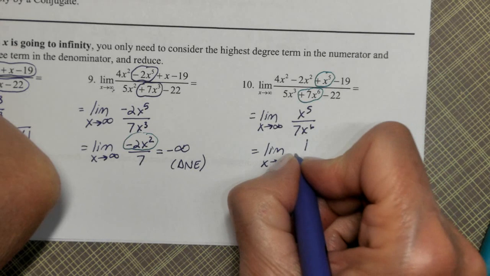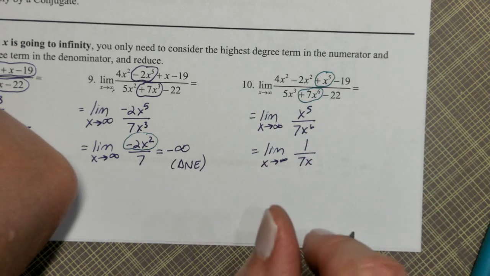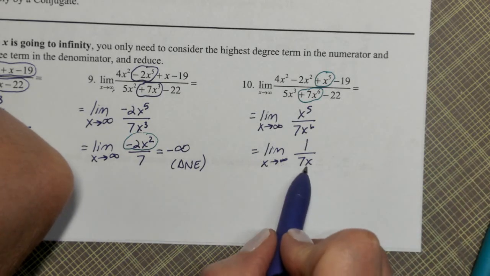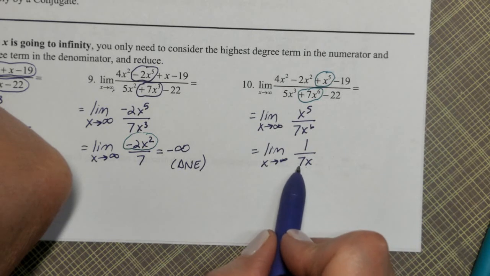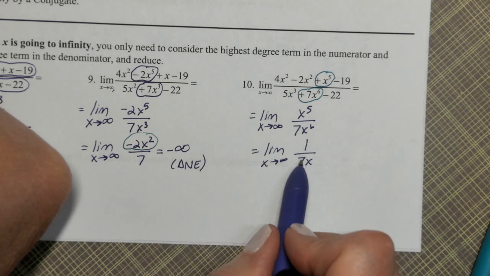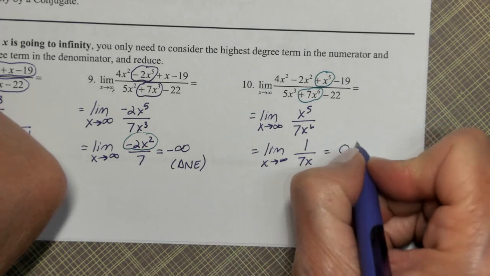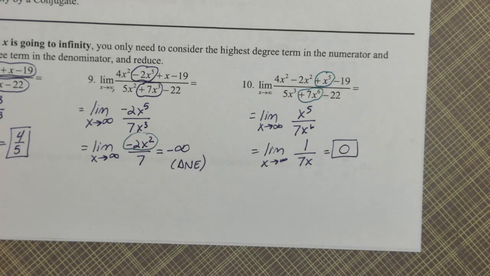So we have a 1 on top and a 7x on the bottom when we simplify those x's. Okay? Now we let x go to infinity. Well, x is going to infinity, so the denominator is going to infinity. 1 divided by something going to infinity is all going to 0. Infinity on the bottom, it goes to 0.